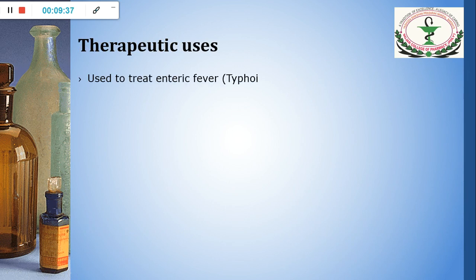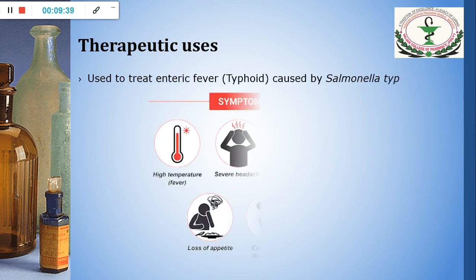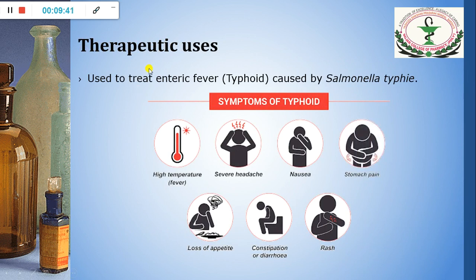Now the therapeutic uses. It is used to treat enteric fever, that is typhoid, caused by Salmonella typhi. This is one of the major infections caused by Salmonella typhi in a number of human beings, and you can see symptoms like high temperature, fever, severe headache, nausea, stomach pain, loss of appetite, constipation or diarrhea, or sometimes a rash develops.